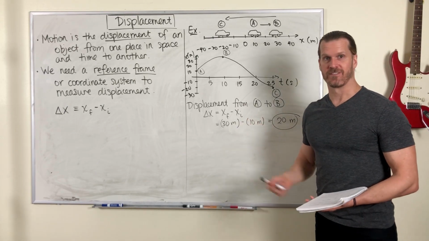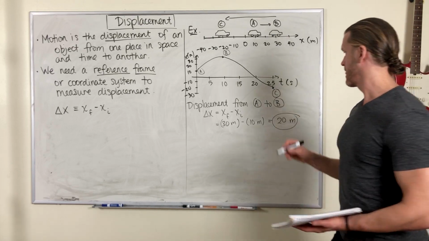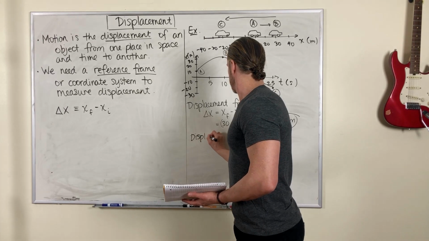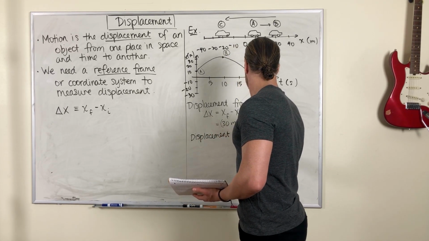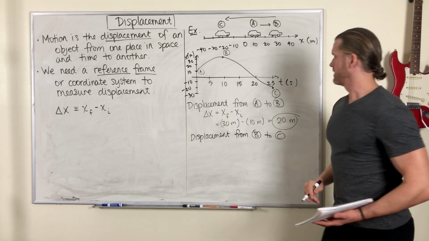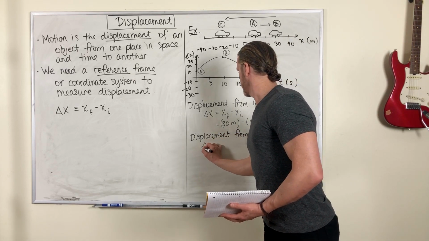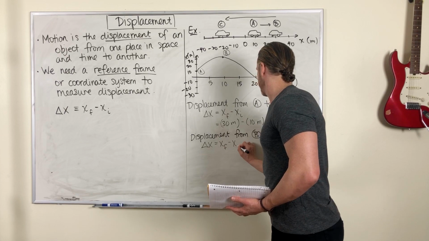Okay, let's do another one. Let's calculate the displacement from B to C. All right, same definition, delta x equals x final minus x initial.